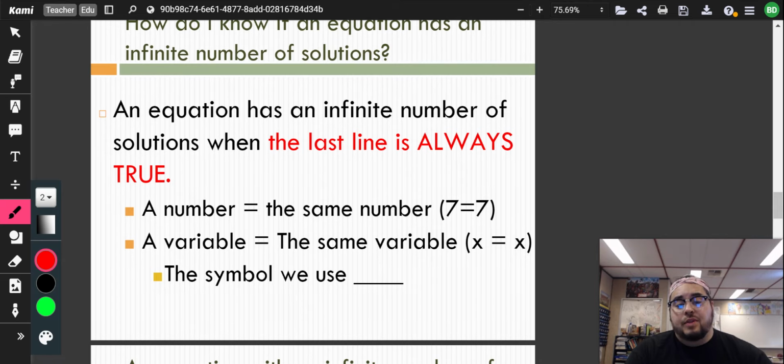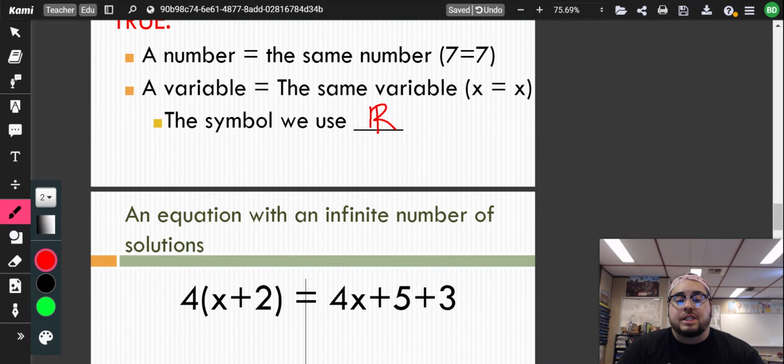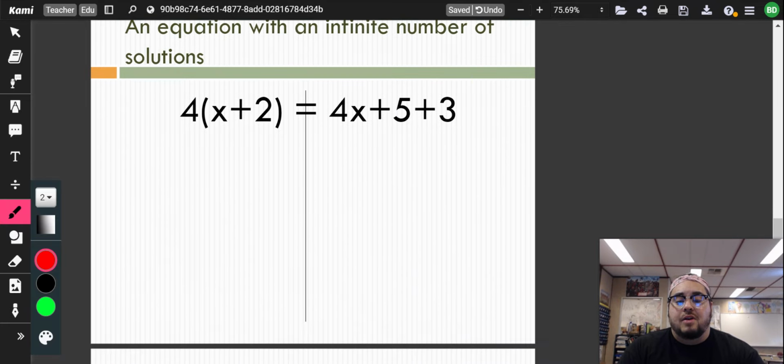And the symbol that we use for this is an R with a second line in there. And again, it stands for all real numbers, meaning that I can choose any number on the real number system, plug that in, and the equations will balance out and be equal. Let's look at an example of an equation where the answer is all real numbers.